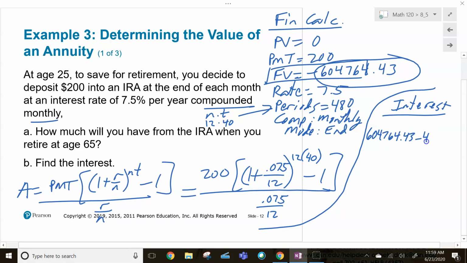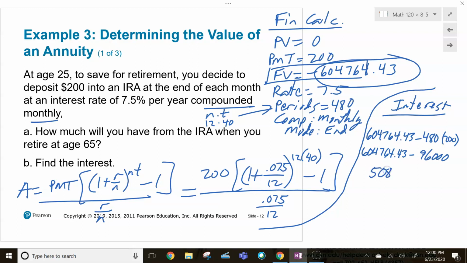But I made 480 payments of $200, which is $96,000 in payments, right? I made $200 every month for 40 years, 480 times. So 604,764.43 minus 96,000 is 508,764.43.